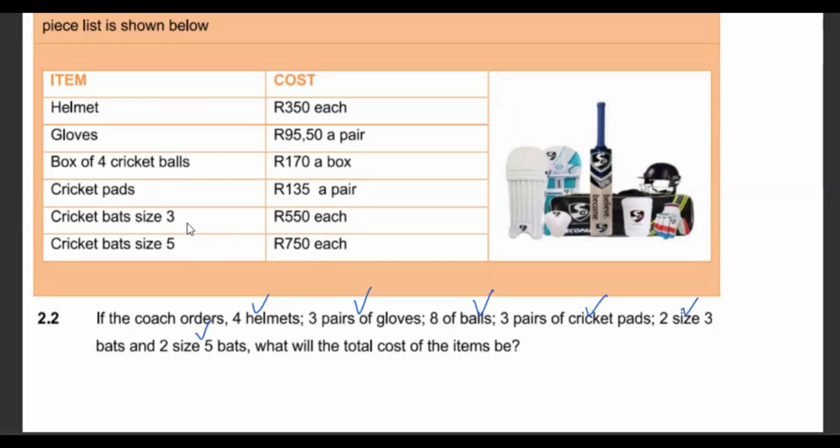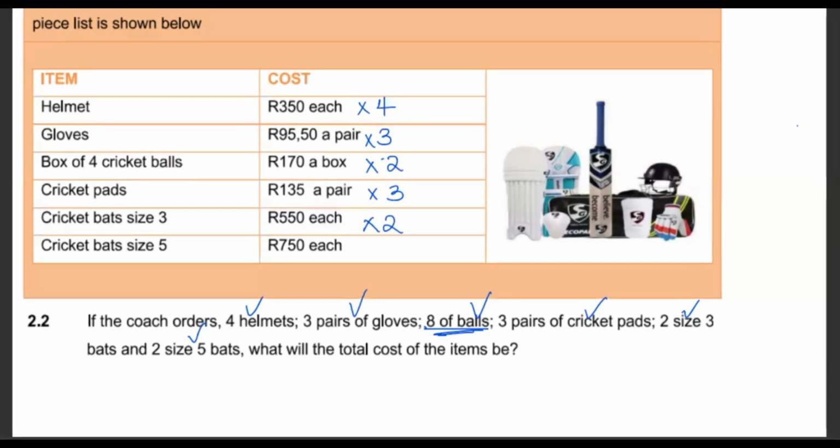So for the helmet we multiply by 4. Then pairs of gloves, we multiply by 3. Then 8 balls means he's going to buy 2 boxes, so here we multiply by 2. Then 3 pairs of cricket pads, we multiply by 3. Then the two size 3 bats.